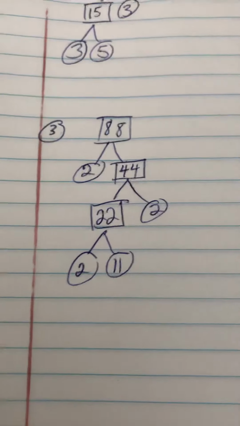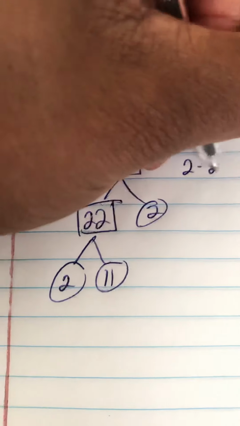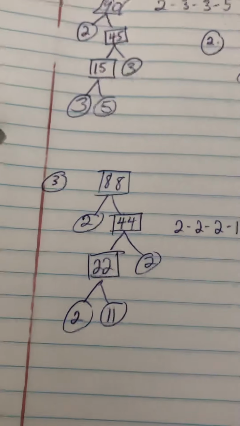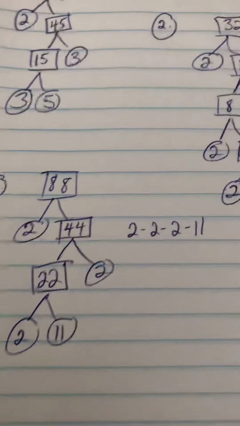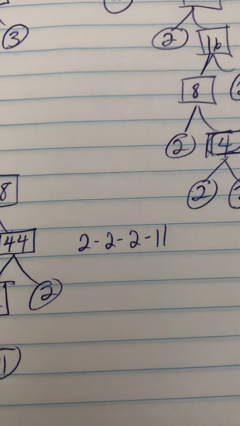And then 2, and then circle, circle, because that's going to be 2 and 11. So we got 2, 2, 2, and 11. Those are all the prime numbers. Again, you determine if it's true or false based upon what we just did.